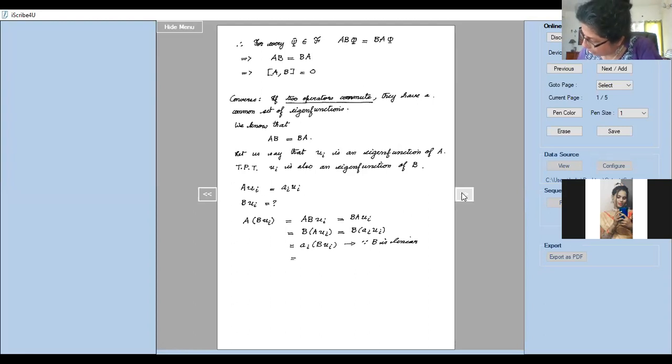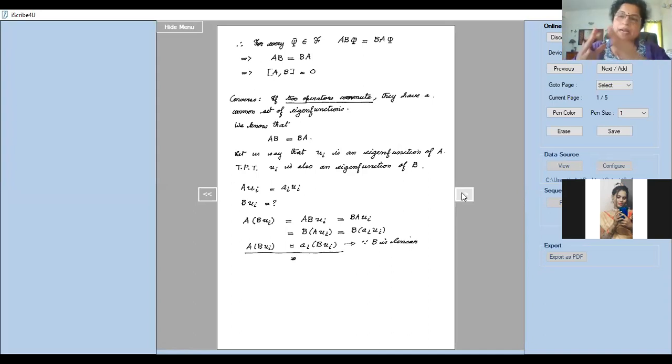Let's have a look at this step itself. A B ui is equal to ai B ui. What is this telling you actually?